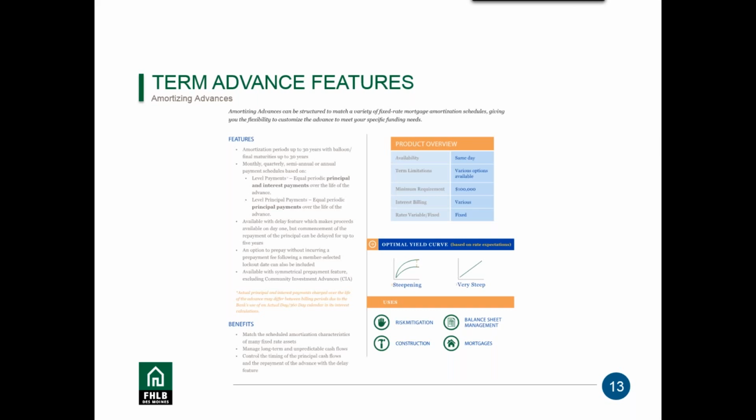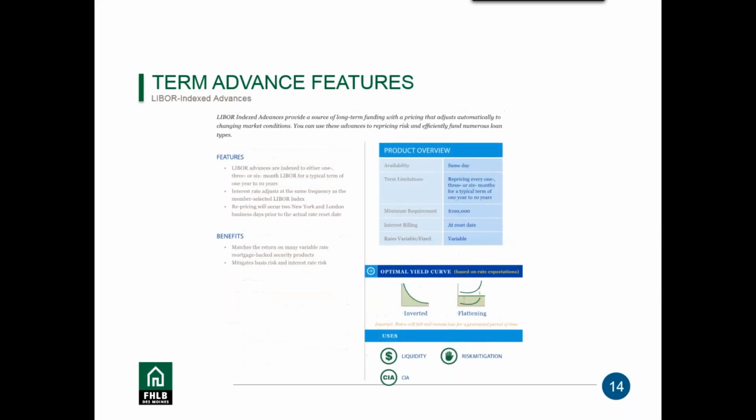As we know, level payments entail equal P&I payments over the life of an advance, while level principal payments feature equal principal payments over the life of the loan. Amortizing advances can be structured with delayed principal repayment features, and they're also available under the CIA program.